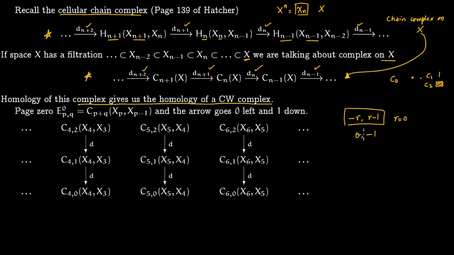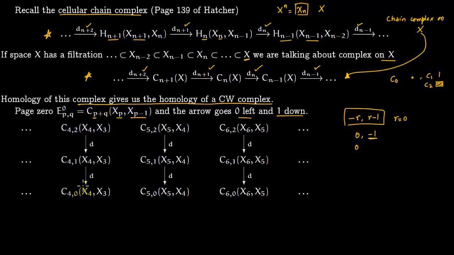So it is 0 left and 1 down because you have minus 1 here. At the point (p,q) sits C_{p+q}(X_p, X_{p-1}). So this matches. Let us see how this looks on page 0.